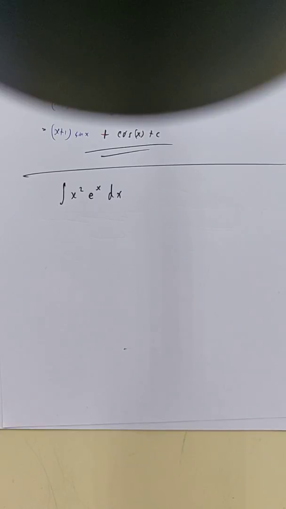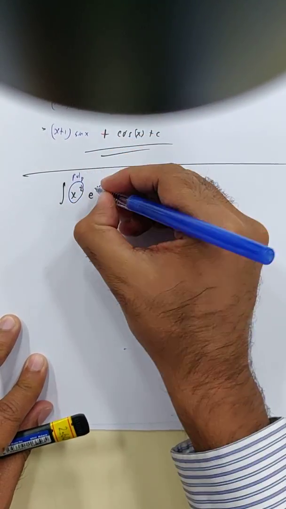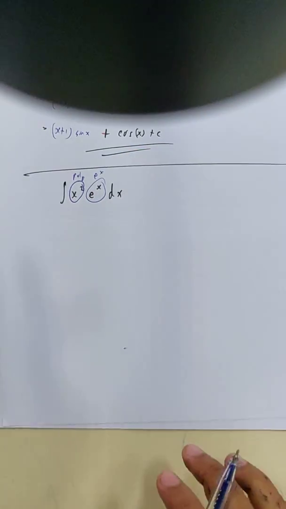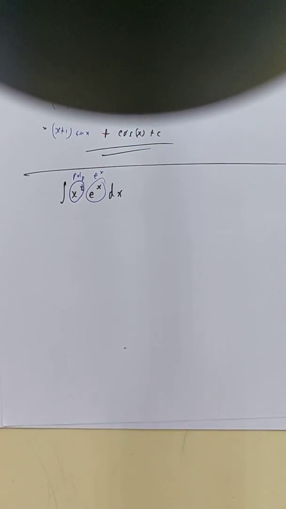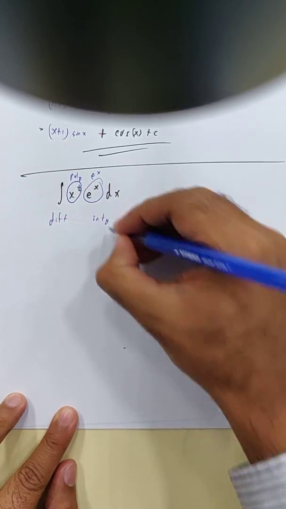What type of integration is this? Why by parts? Two different types, which is poly and exponent. So what should we do? Differentiate and integrate.